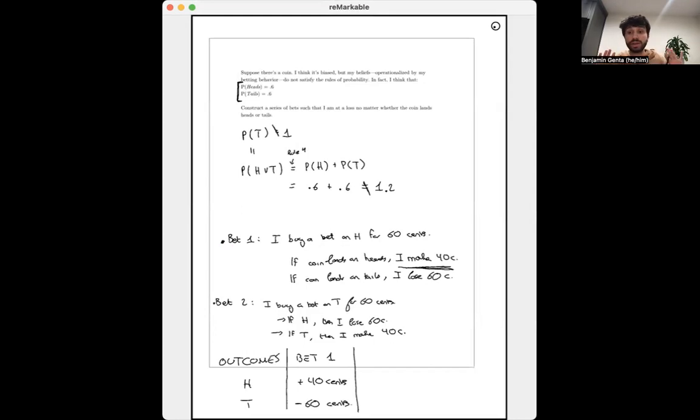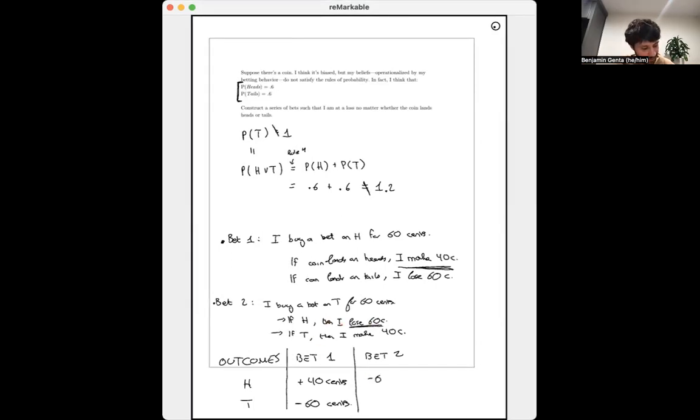Now note that there's nothing irrational so far. I just believe for bet 1. There are some cases where I win 40 cents and some cases where I lose 60 cents. That's perfectly fine. What's weird is that you're willing to accept another bet on top of this one that will make you lose all the time. So let's look at bet 2. On bet 2, if it lands on heads, then remember, I lose 60 cents.